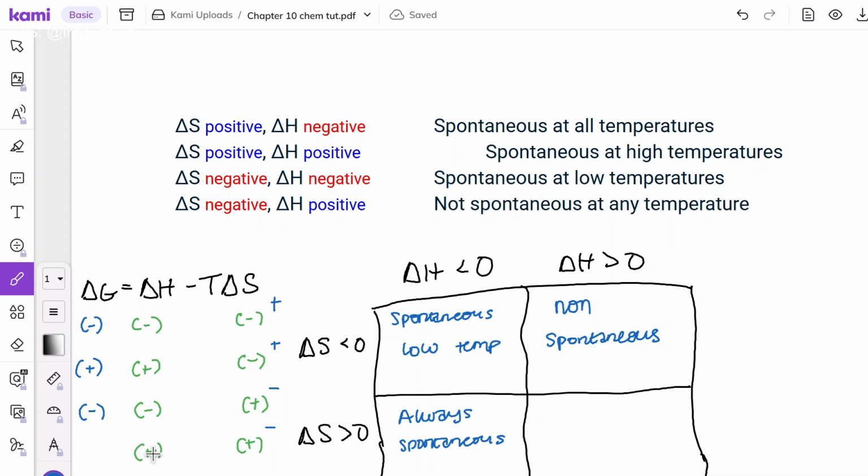And since this is positive, while this is negative, that means you're going to be subtracting this portion from the delta H. And when you think about it temperature-wise, what temperatures are going to make the delta G on this side negative? The temperatures that are going to make it negative is if this increases. If the negative part of the equation keeps increasing, then this side is going to be negative. So that means as the temperature increases, it's going to be spontaneous over here.